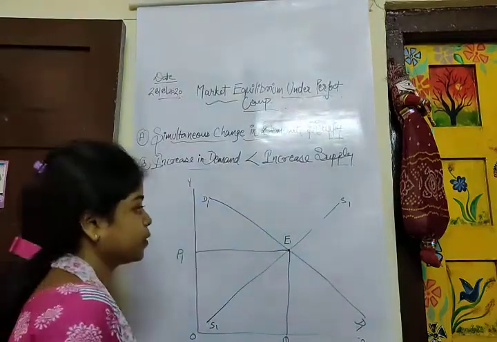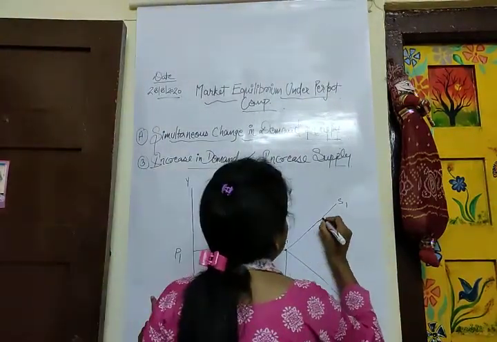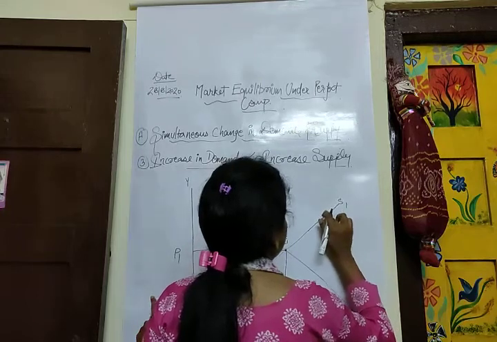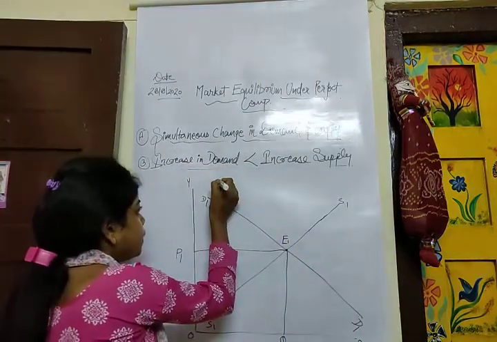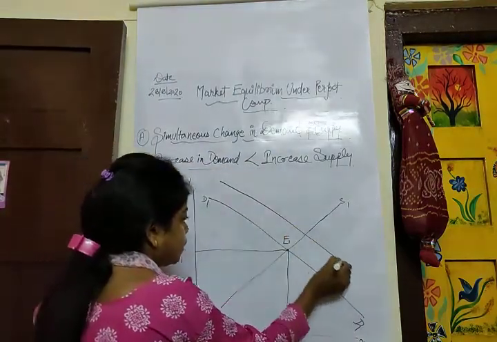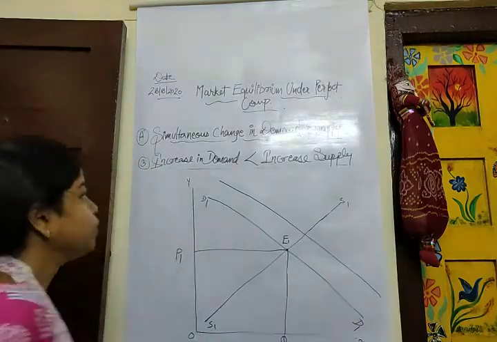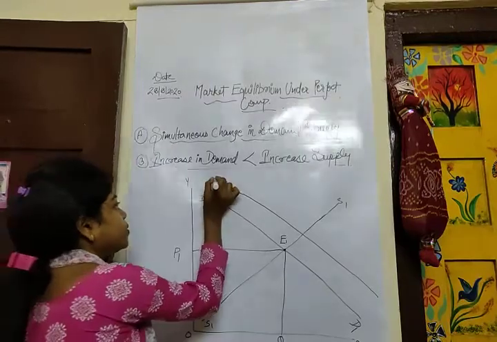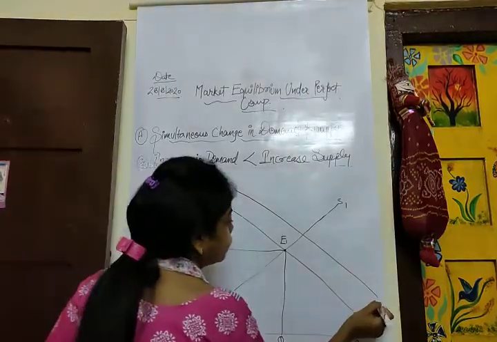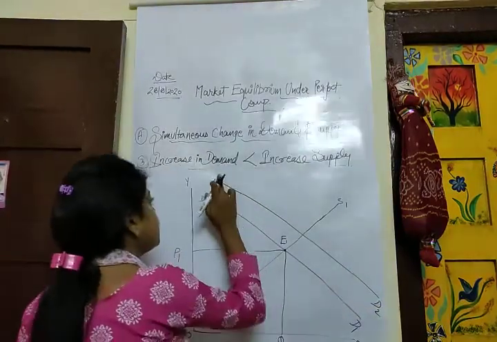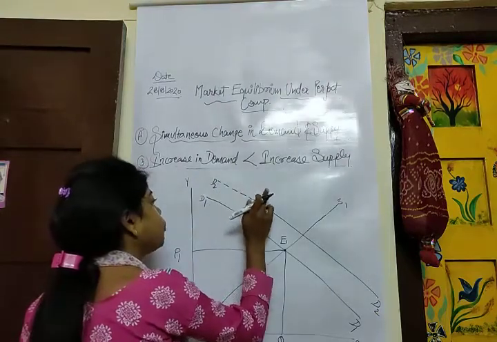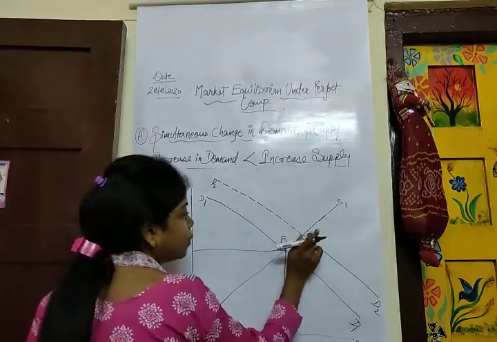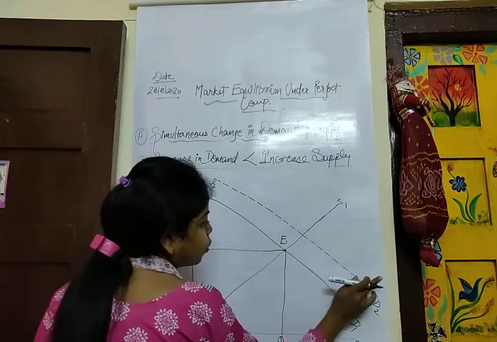So the increase in demand is like that. Again I'm telling you, try to draw the next D2 or S2 in dotted form, so that you can differentiate easily and get the equilibrium point easily. So I'm making this in dotted form, right?